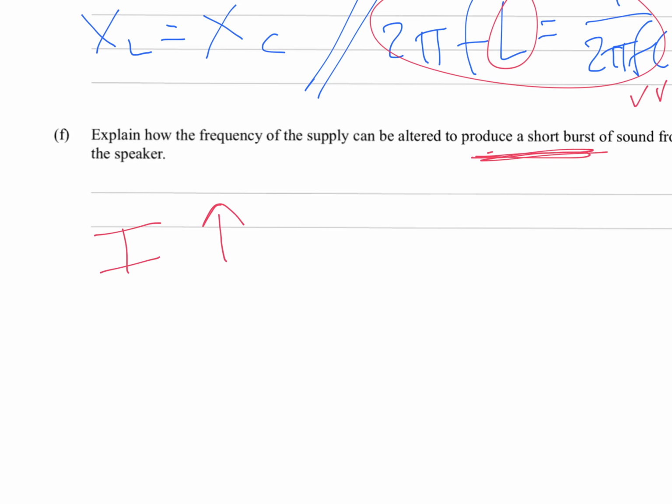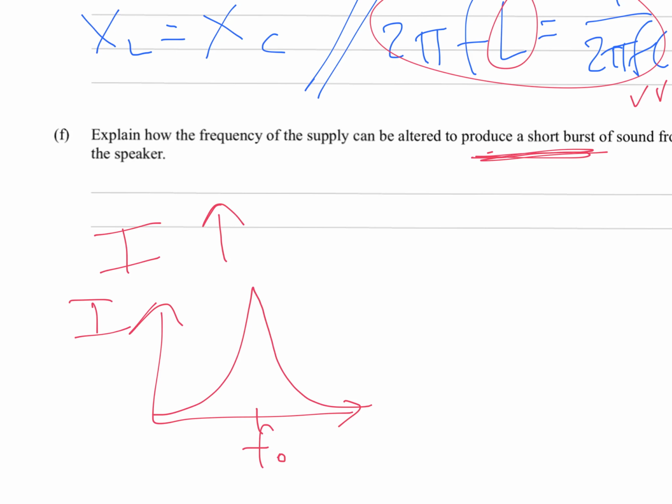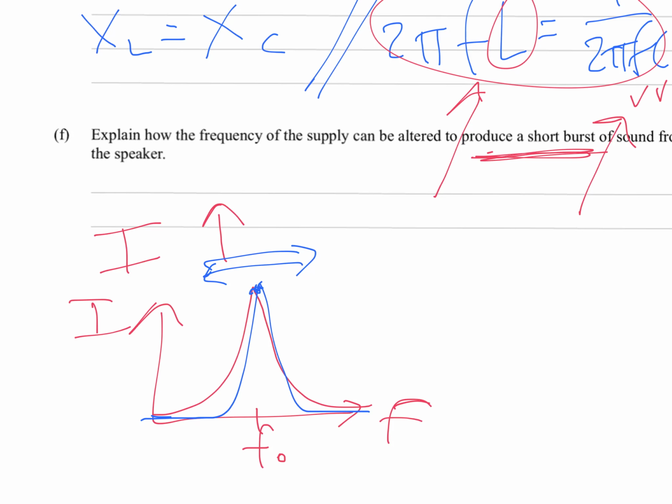And if you remember from your theory, the current in the circuit is going to be maximum at the resonant frequency, which is used in the equation above. So what you would want to do is adjust the frequency so that it passes through that f0 and produces that burst of current, which produces that burst of sound in the speaker. And there you have it. You can either increase it or decrease it through that resonant frequency, depending on where your starting point is.